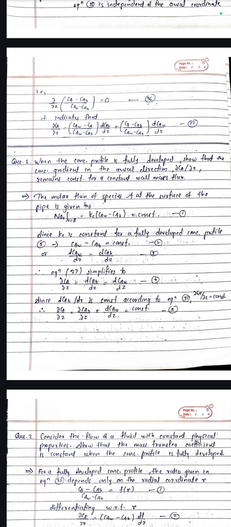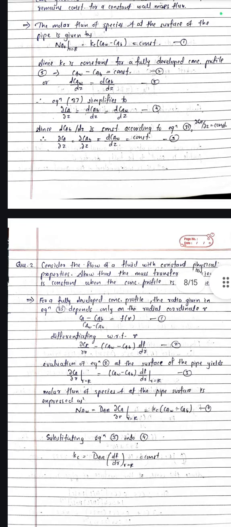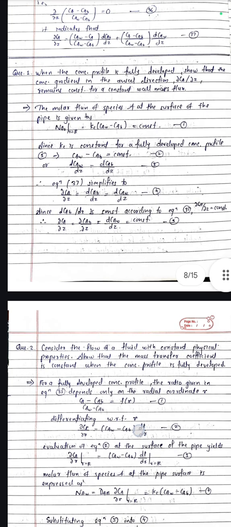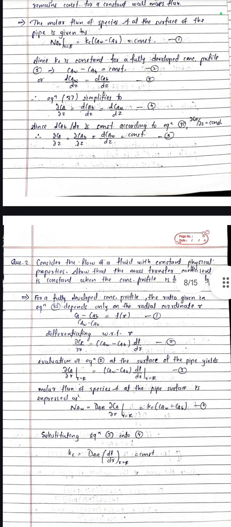Equation 37 simplifies to del CA by del Z is equal to dCAB by dz is equal to dCAW by dz. Since dCAB by dz is constant according to equation 31, we get that del CA by del Z is equal to del CAB by del Z is equal to constant. Hence, we have shown that the concentration gradient in the axial direction remains constant for constant wall mass flux.